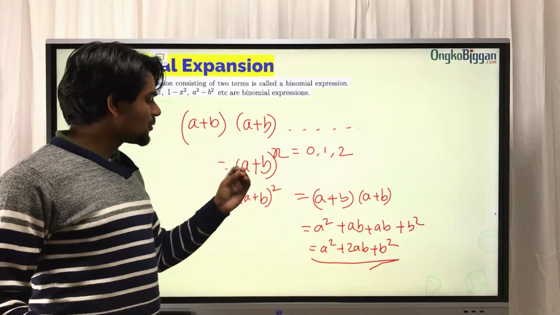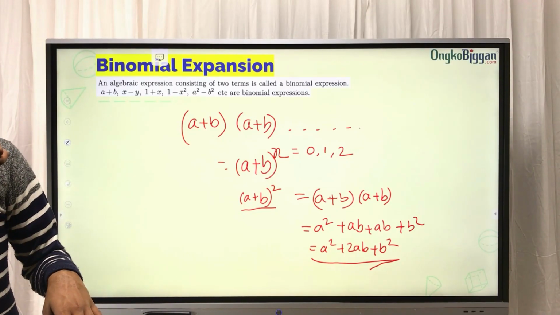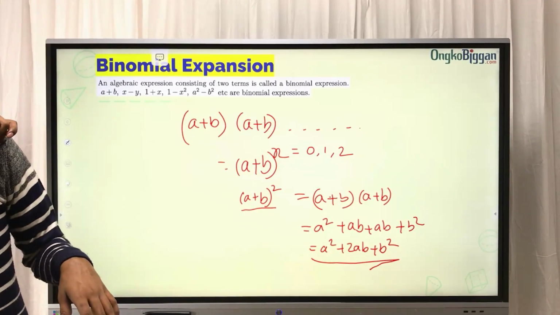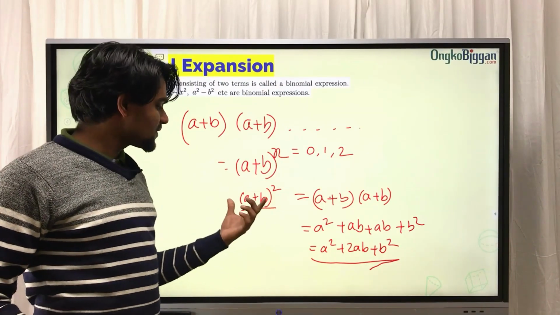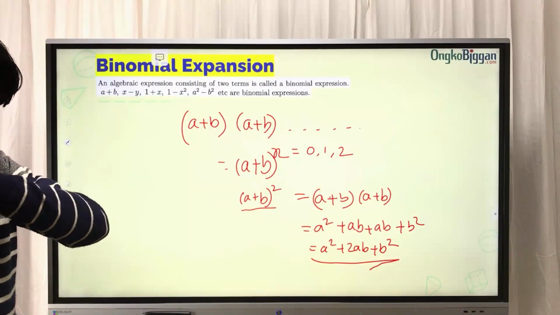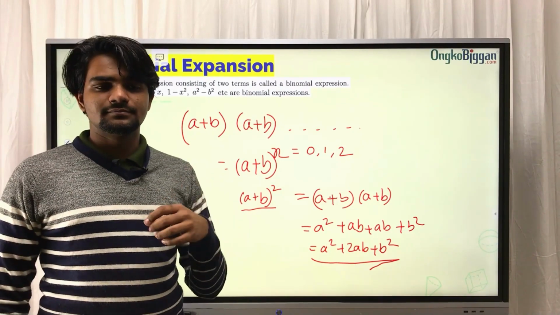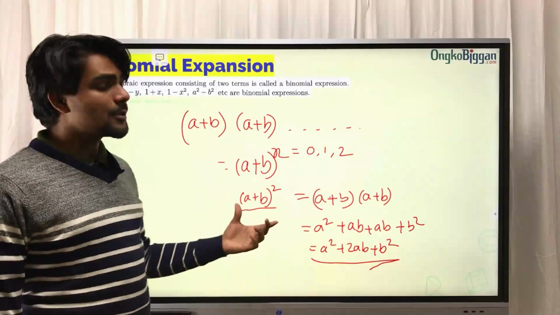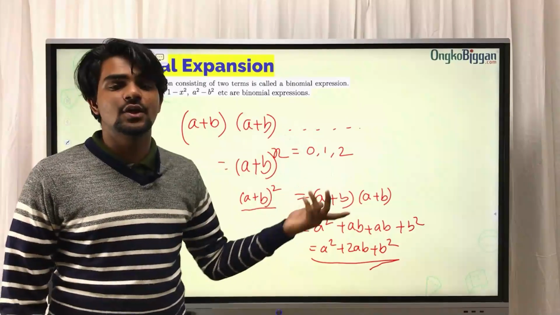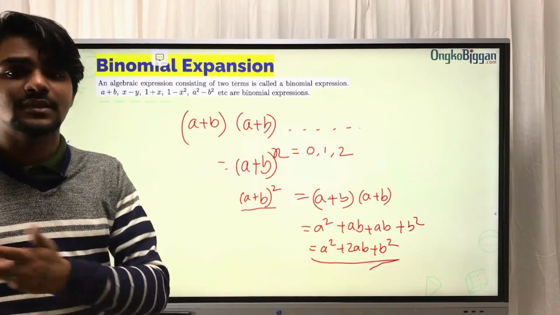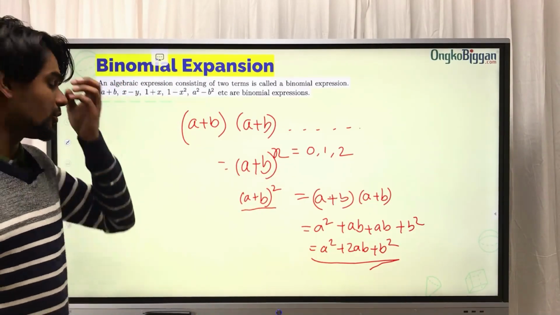The process of converting this type of binomial expression, a plus b whole square, x plus y to the power of 3, or x plus y to the power of 5, into its expanded form, like a square plus 2ab, or x cube plus 3x square y plus 3xy square plus y cube, is called binomial expansion, or expansion.